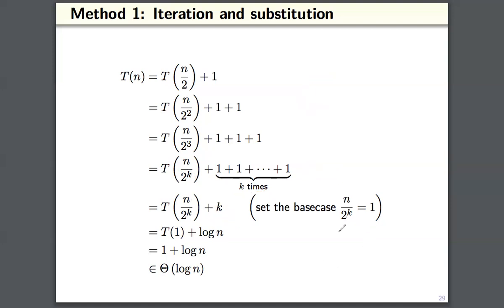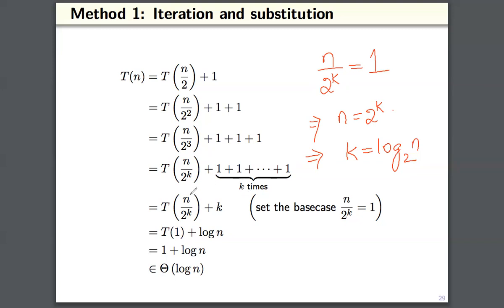Now, you know the base case. Every subproblem, if you keep on dividing it, has to hit the base case. That means n by 2 power k at some point in time will hit the base case. So substitute n by 2 power k is equal to the base case. This means n is equal to 2 power k, which implies k is equal to log n base 2.